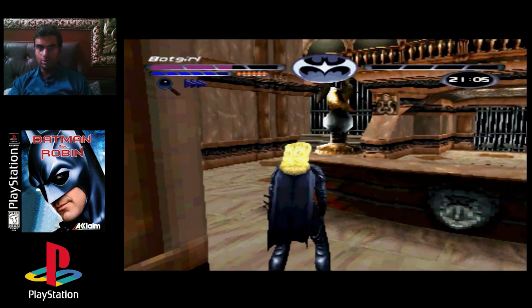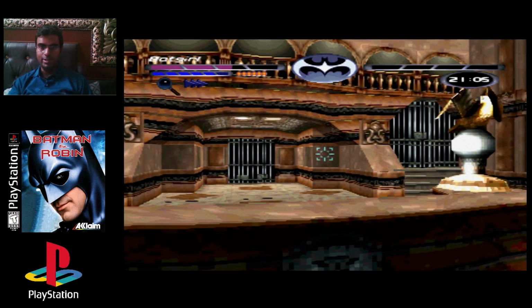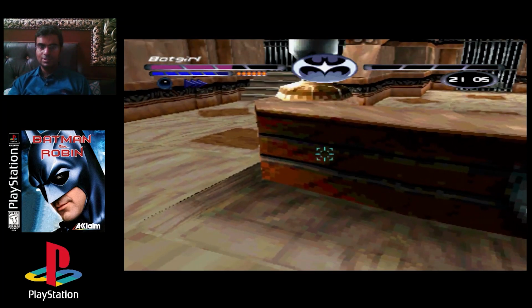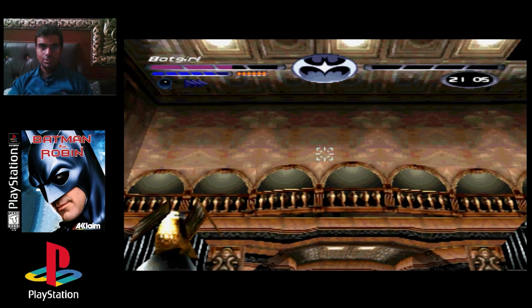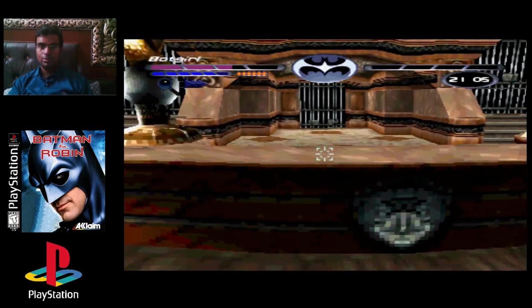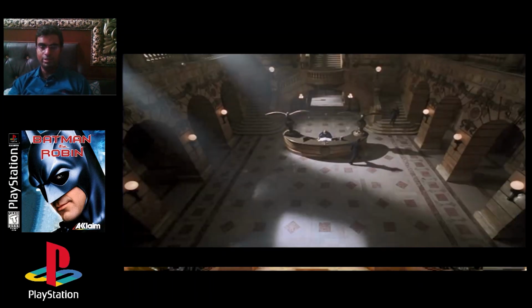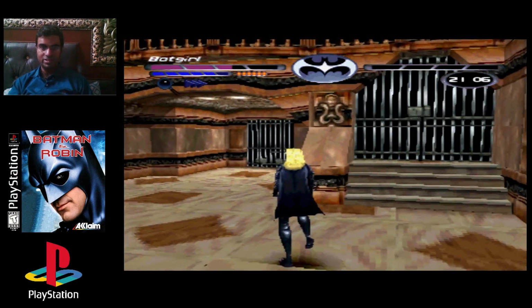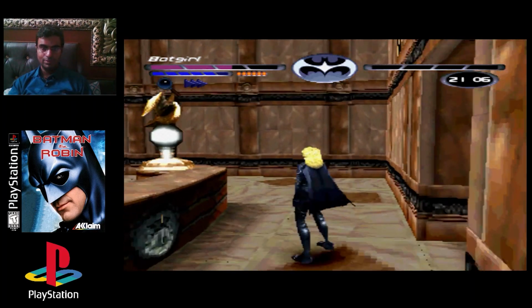As you can see, if I look here, this is a door, and two more doors are here on the left and right, and this is the main reception area that we also saw. This is also similar to what we saw in the Batman Forever movie, as Bruce Wayne enters the building. So they tried to replicate this particular area according to the Batman Forever movie.